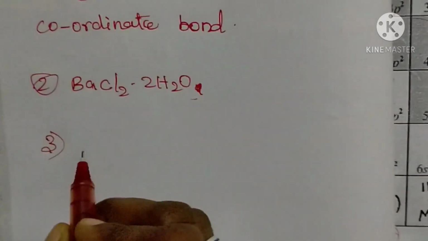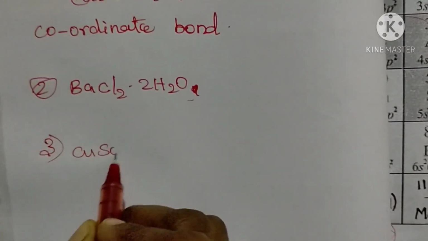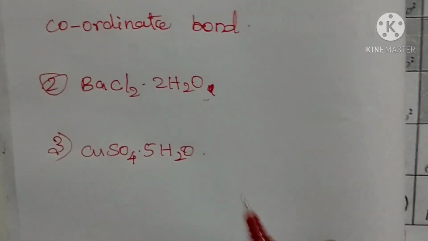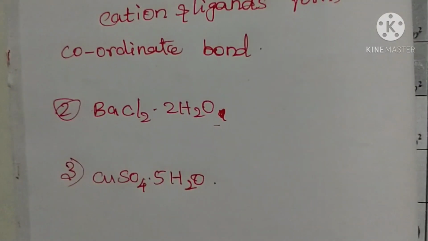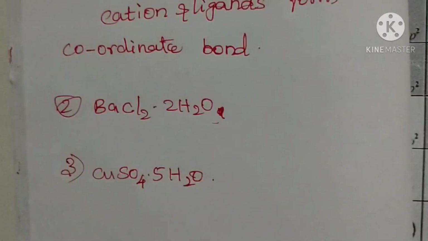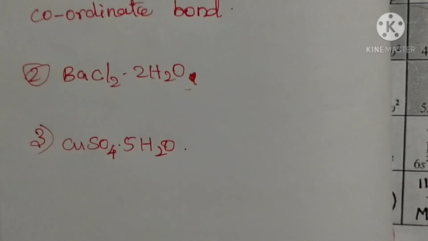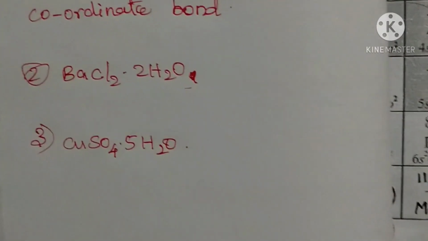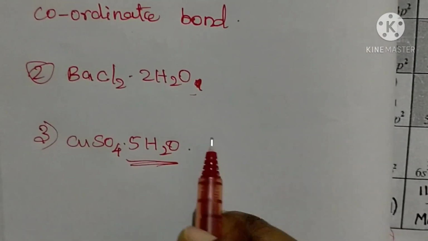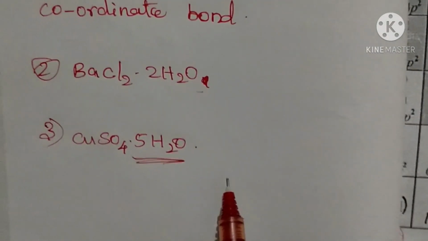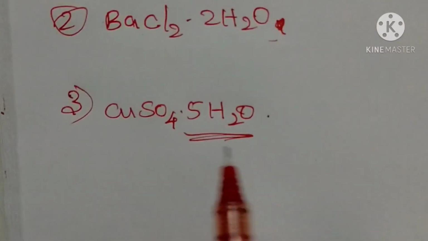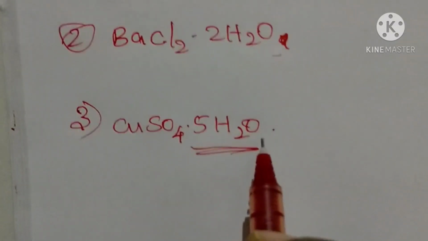Next example, CuSO4·5H2O. This is one of the compounds explaining the coordination bond. In this compound, from these 5 water molecules, 4 water molecules are directly bonded, or coordinated, with the metal cation.